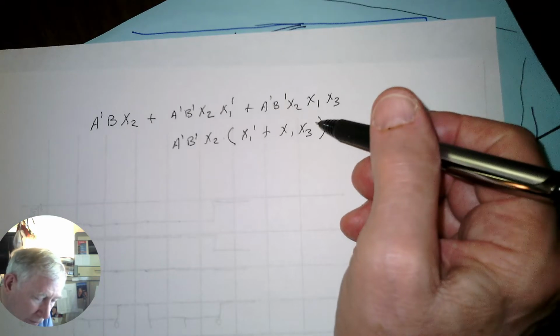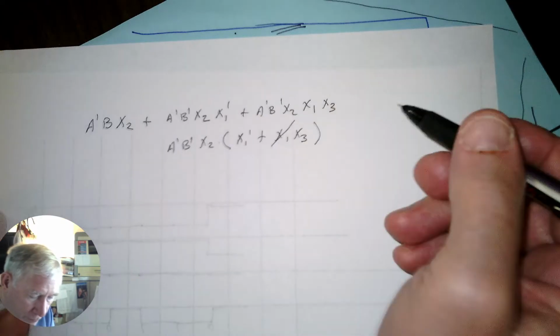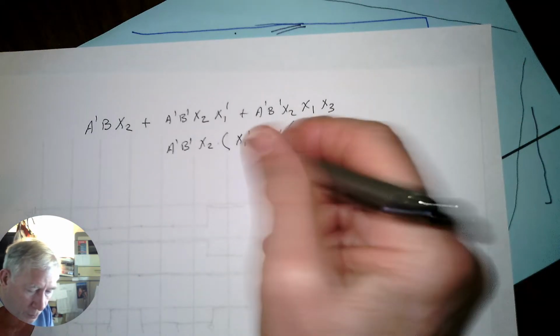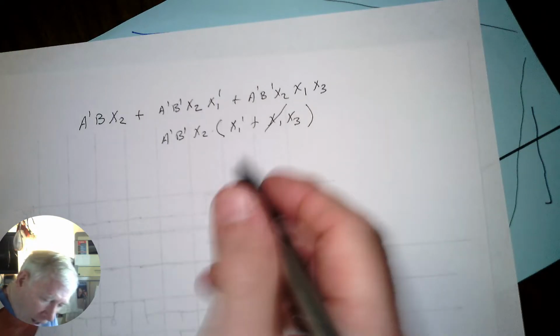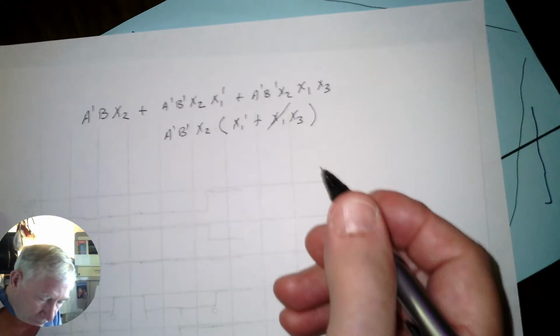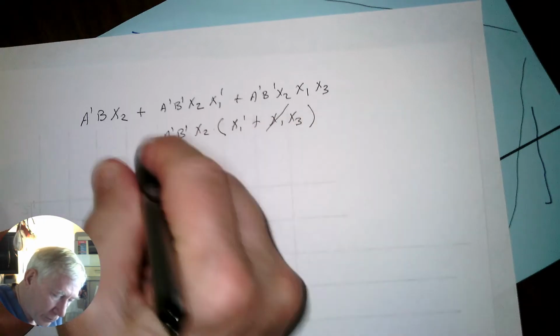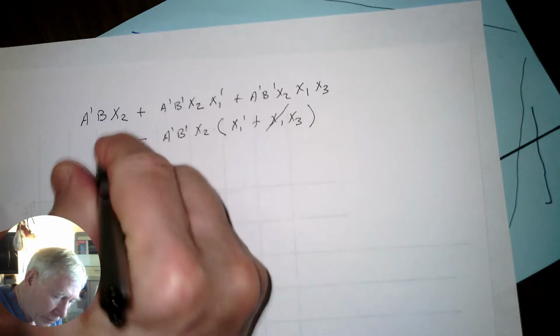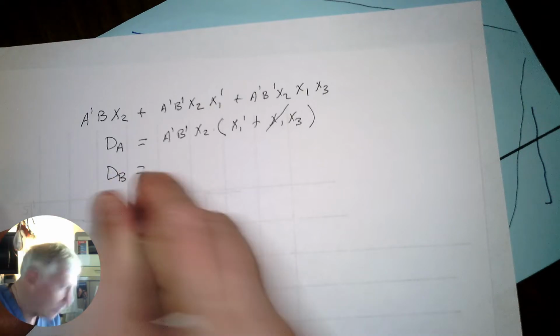We can just write it like that, but we should be able to get rid of this term because of the x1 prime here. So this equals our D sub A.